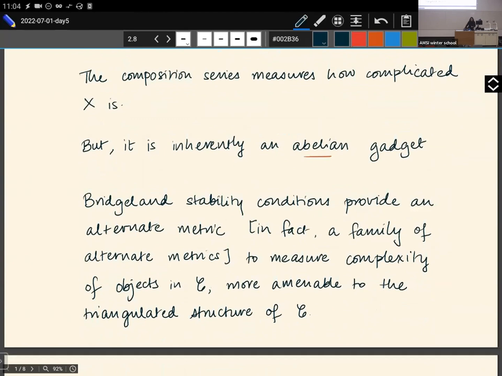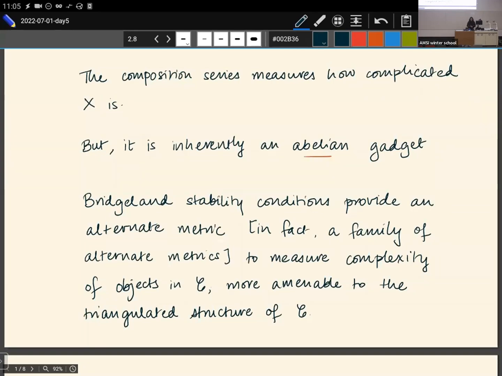This is one point of view, which is quite powerful. Bridgeland stability conditions provide an alternate metric to measure complexity of objects in your category. And not only do they provide one, they provide, in fact, a family of them. These are stability conditions that you can vary. If you vary the stability condition, you get different measures of complexity of objects in your category.